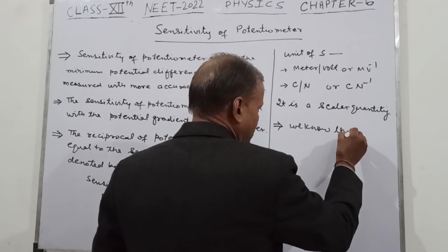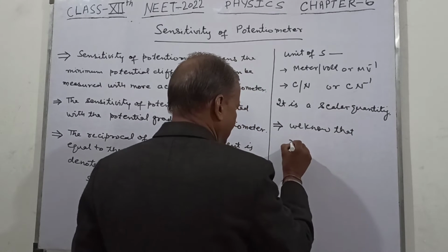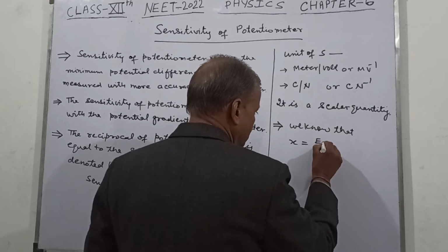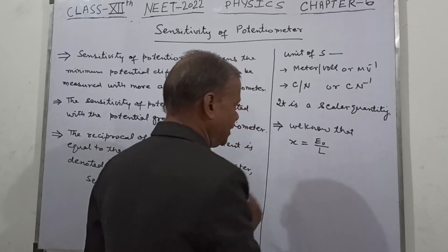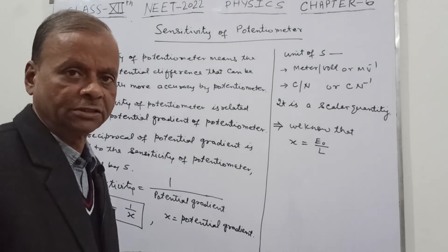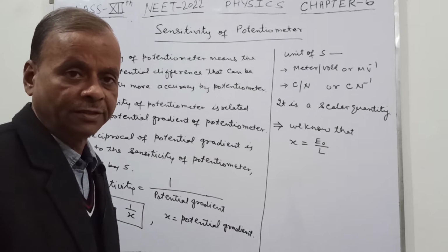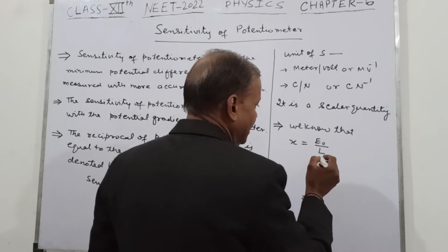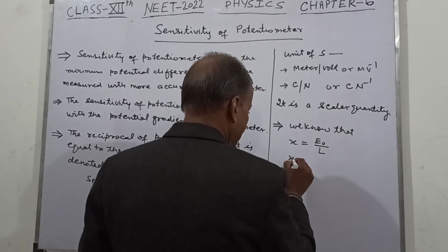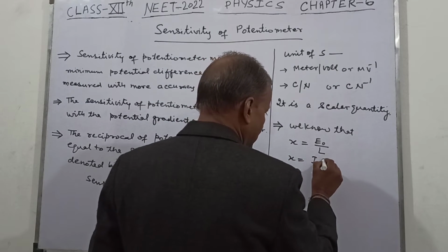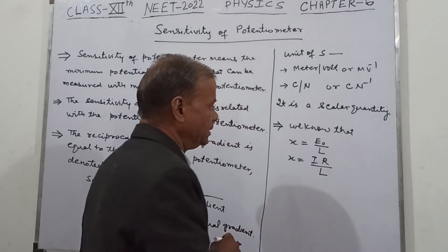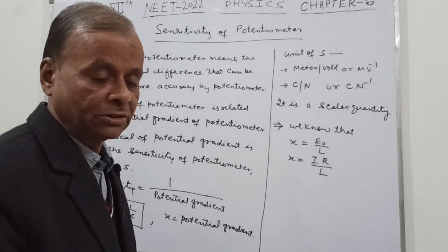We know that x equal to E naught upon L. E naught is the EMF of the cell in the primary circuit, and this x is equal to IR upon L, E naught equal to IR.